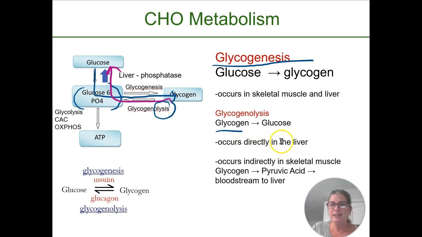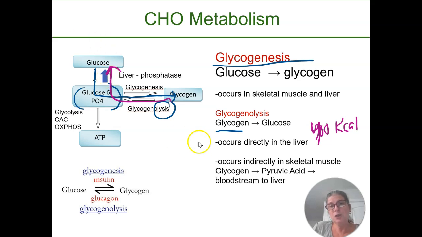Now, glycogenolysis happens pretty quick in the liver. You do not have to memorize the enzyme, but the liver has an enzyme that allows it to go really fast. The problem is we only store about 400 kcals worth of glycogen in our liver. So it'll get you through a couple hours when you get really hungry. You might notice you're really hungry and irritable, and then all of a sudden you might feel a little bit better.